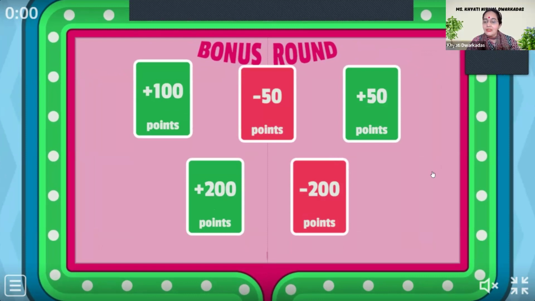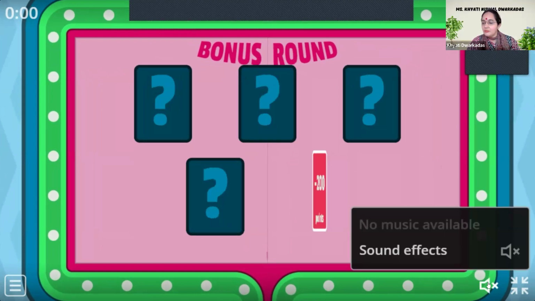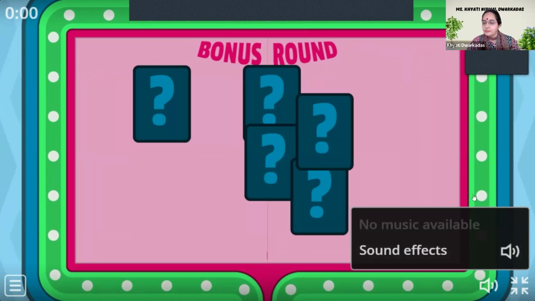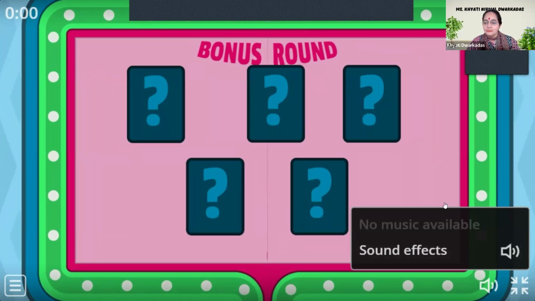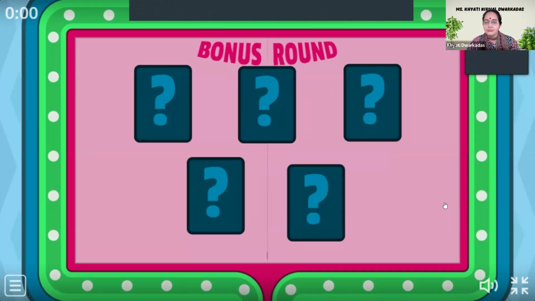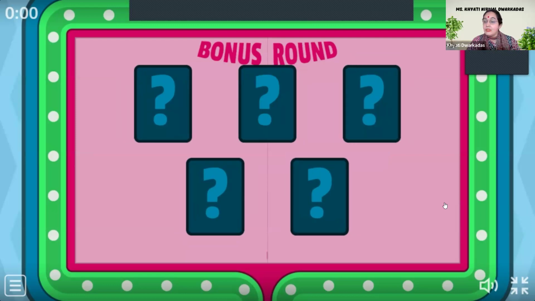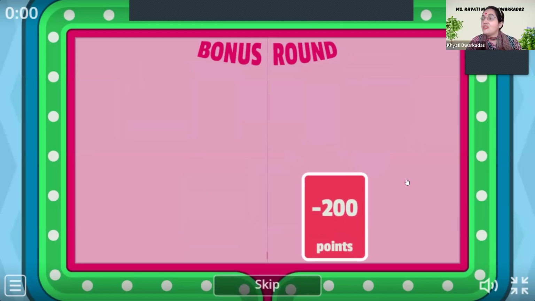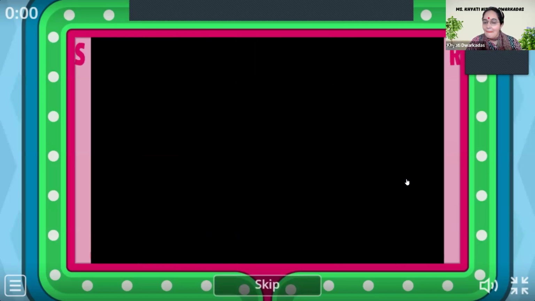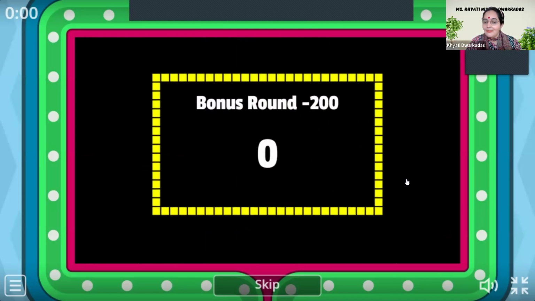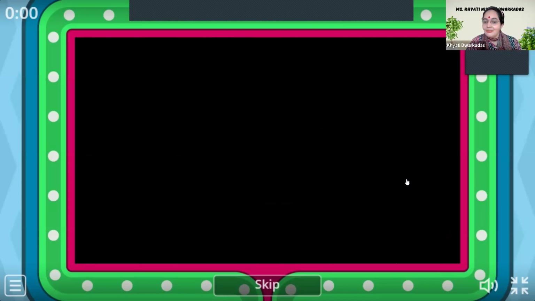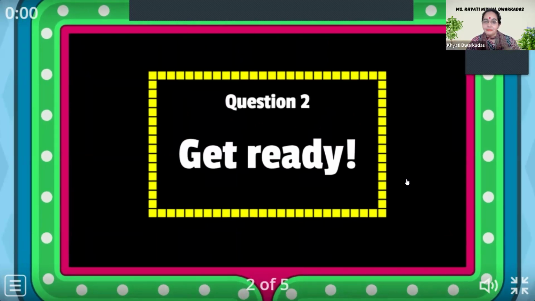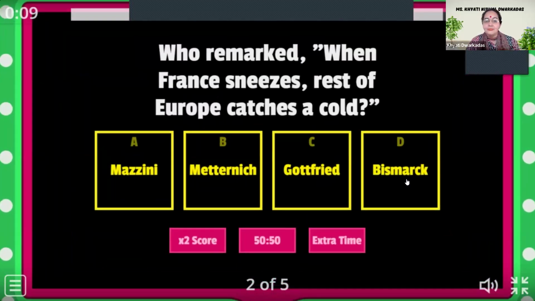Now look at the way this bonus round is taking forward. Now, this is a very tricky bonus round. If I don't keep track of the question marks, I'm going to go minus 200. Do you see that?